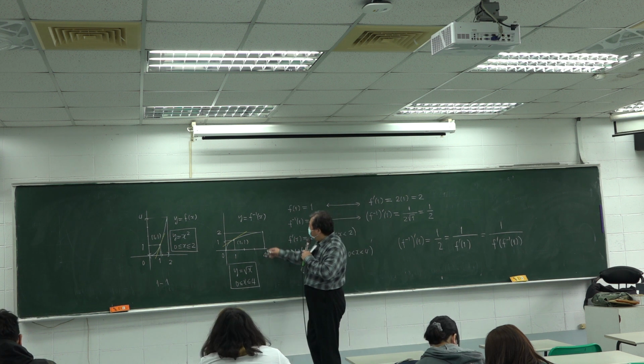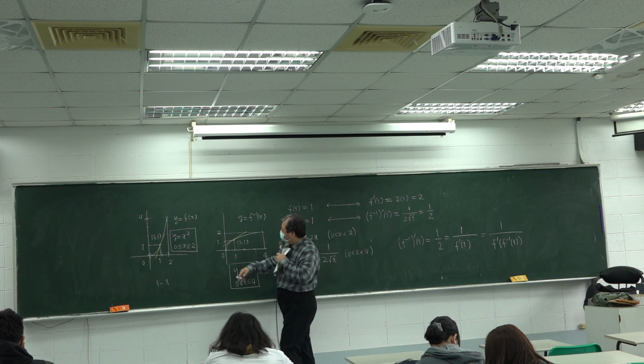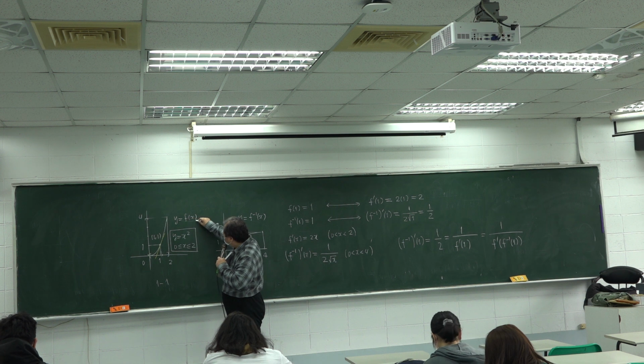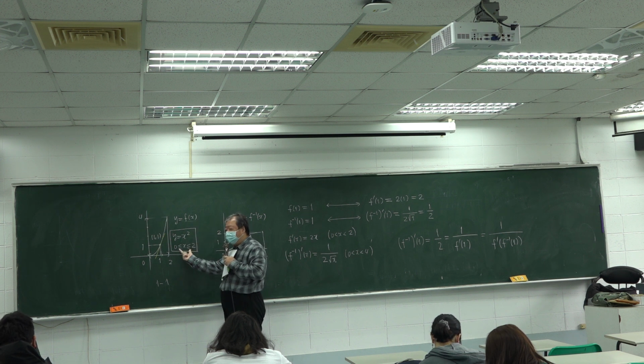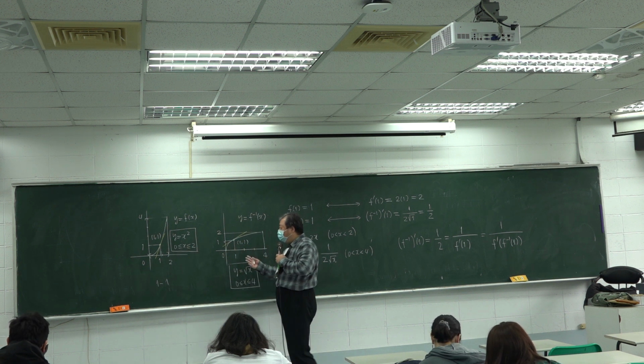Because f of x is x squared. Here the values of x are restricted to between 0 and 2, inclusively.